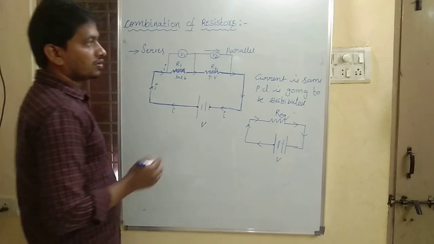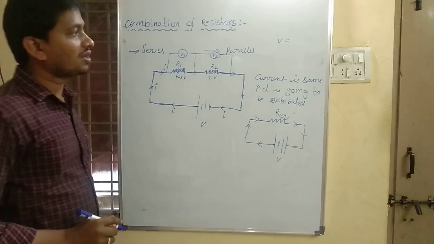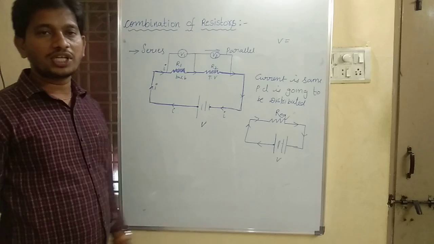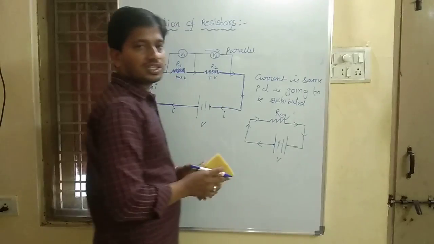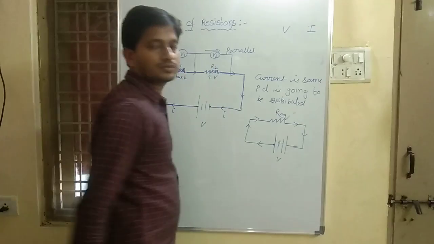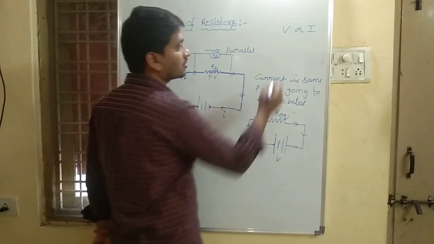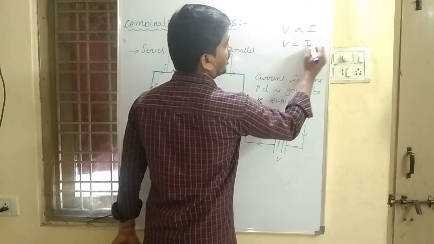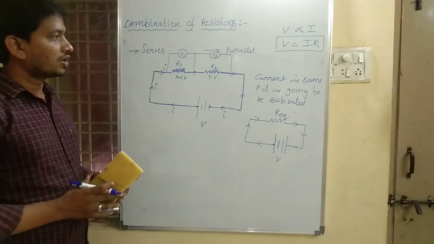Let me recollect the topic, Ohm's law. What is Ohm's law? It gives us the relationship between potential difference and electric current: V is directly proportional to I, so V equals IR.